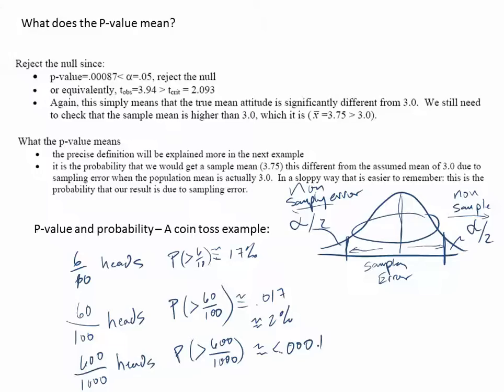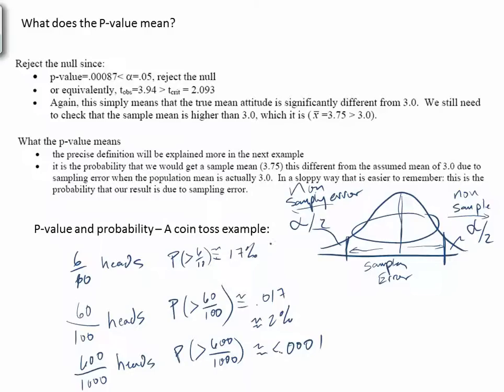Now, what's changed? Well, in all three of these cases, the proportion of heads to trials is 60%, and in all three the expected proportion is 50%. We expected half of them to be heads. But in the first case, we would say, oh, that's not too surprising. In the second case, we would start to question it because the probability of that happening would be very small. And in the third case, we would say, I want to see that coin.